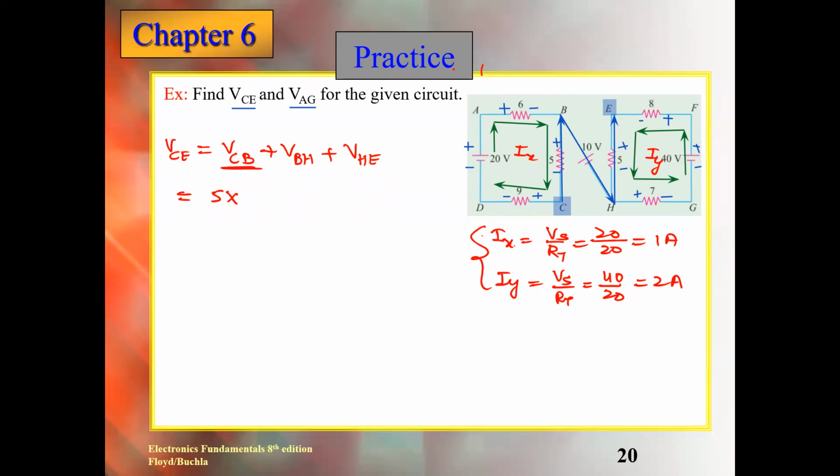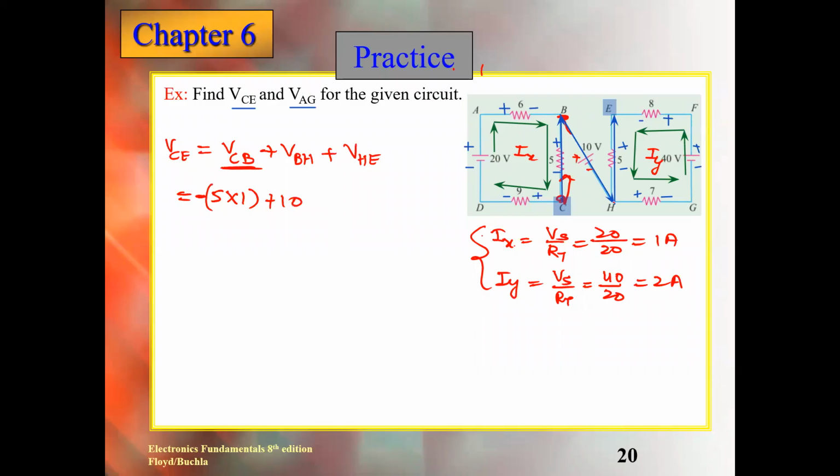And before that, you need to check when you go from C to B, what is the first sign? Is this negative? Yeah, negative. So write negative and multiply by the current. So this is VCB. Now you reach B, then you are going to H. What is the first sign here? Positive. Positive 10.